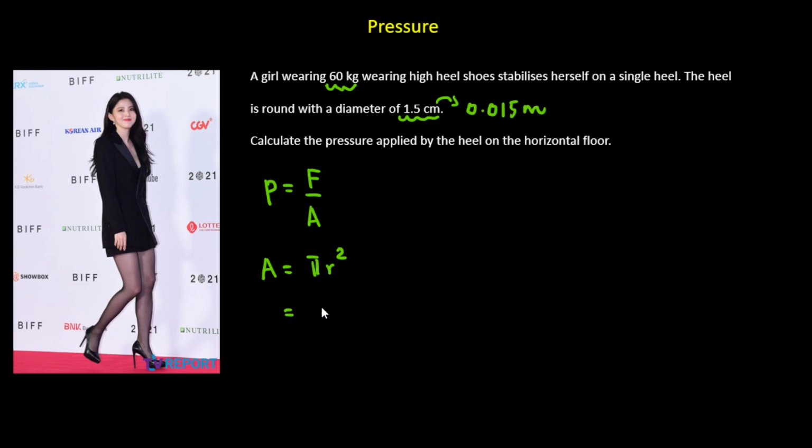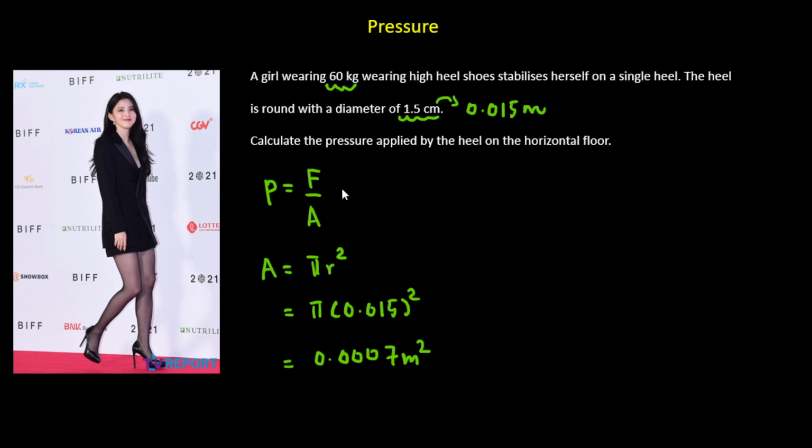So that's why it will be pi times 0.015 squared, which should give you, on the calculator, a value of 0.0007 meter squared.